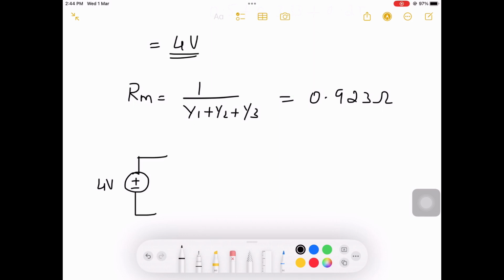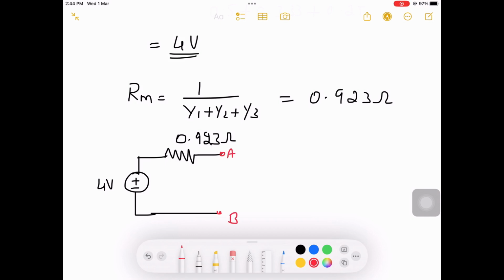Vm we got as 4 volts and Rm as 0.923 ohms. It will be in series with the branch where I was supposed to find the current, that is A and B.